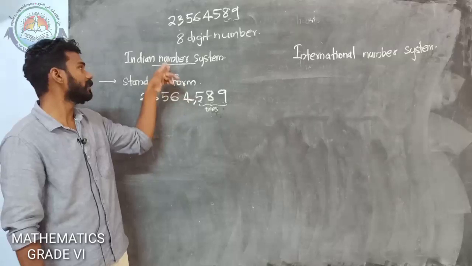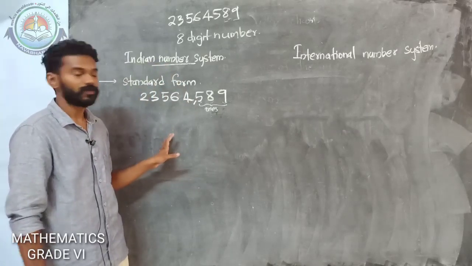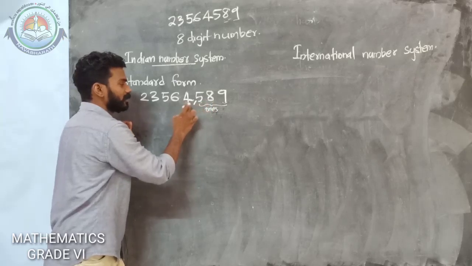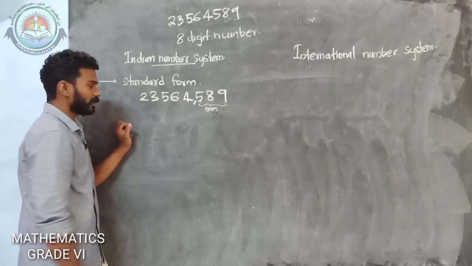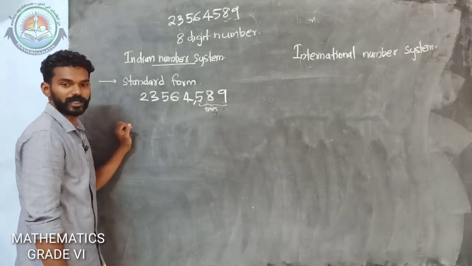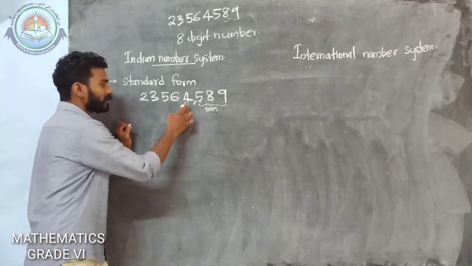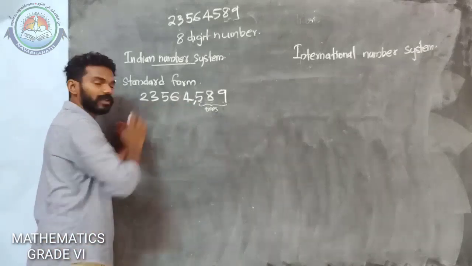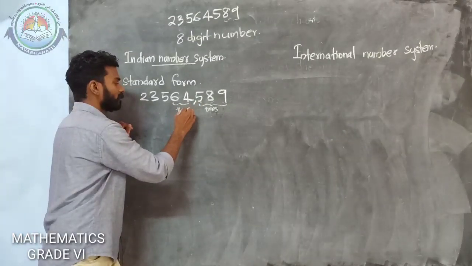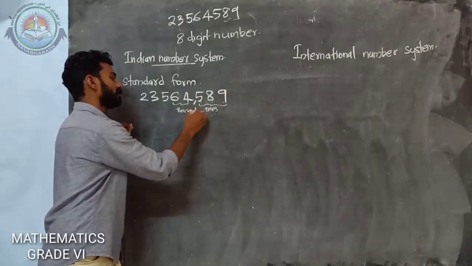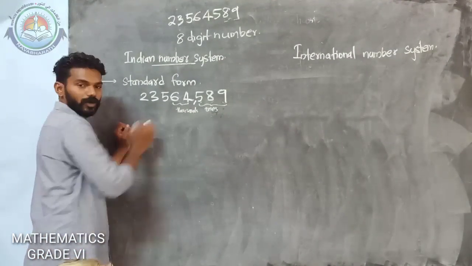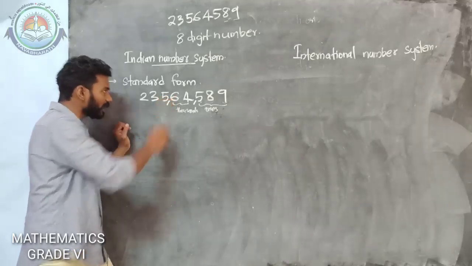Then in Indian number system, the next place after ones, tens, hundreds is thousands place, and it is on 10,000s place, and thousands place and 10,000s place belongs to the period of thousands. So after the period of thousands, you should put again a comma.